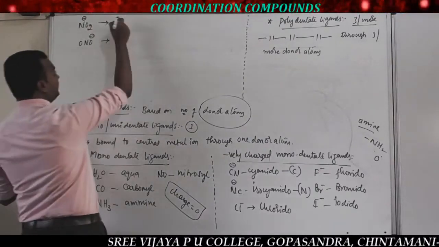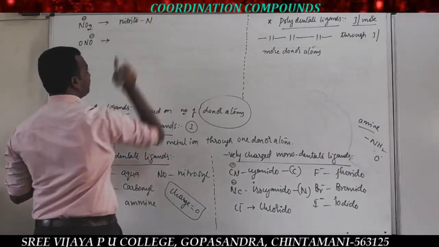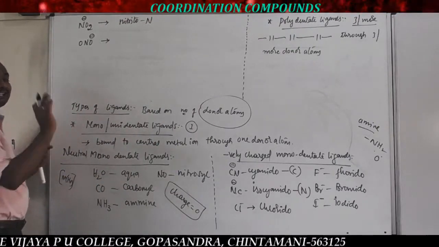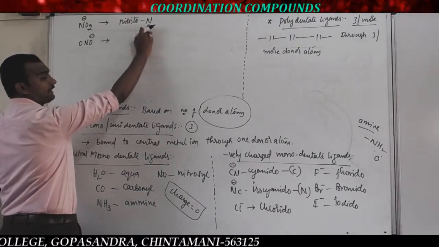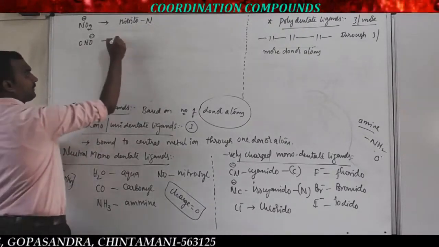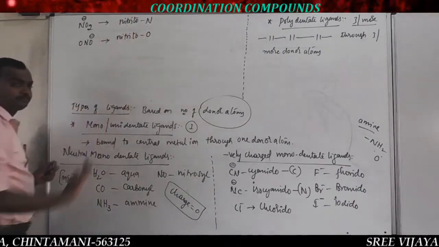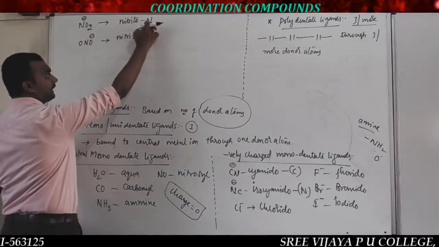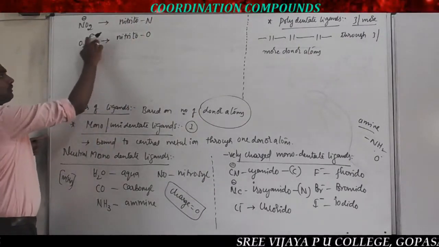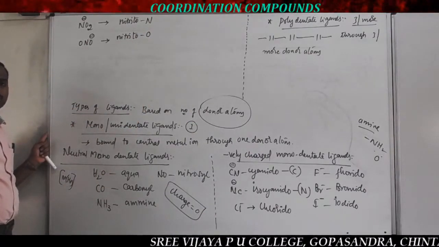So the name is nitrito-N. Nitrite in coordination chemistry ends with O, and the donor atom here is nitrogen. The other is nitrito-O. Very important: NO2 minus is nitrito-N, where N is the donor atom. ONO minus is nitrito-O, where O is the donor atom. They form the coordinate bonds.